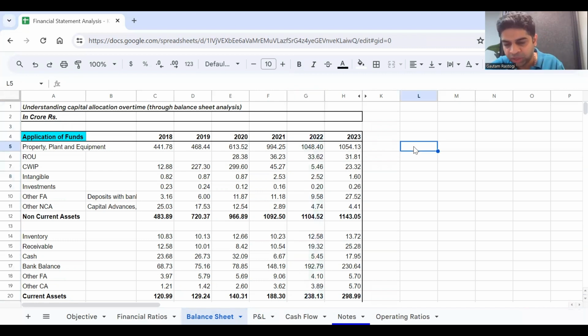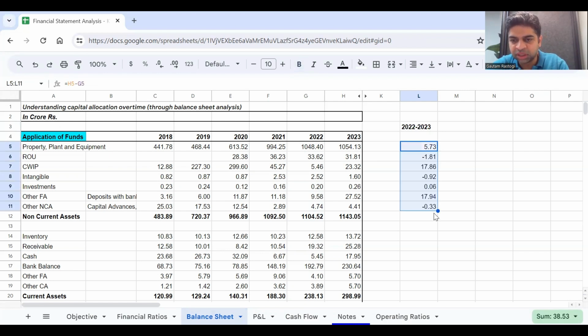What I find useful is to compute the difference between, say, property, plant and equipment in 2023 and 2022, and see how this number has evolved year on year. Let me write it here: 2022 to 2023, and drag and drop this.